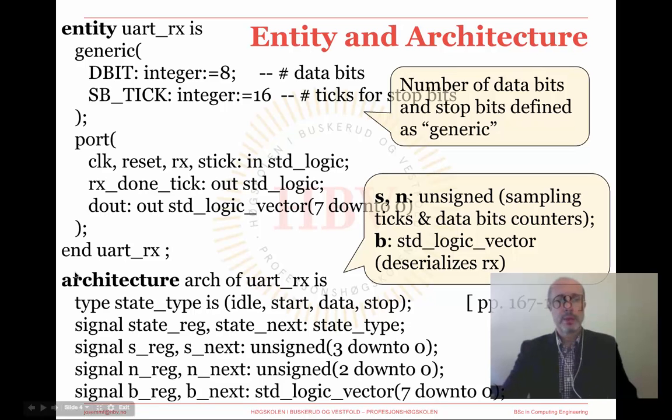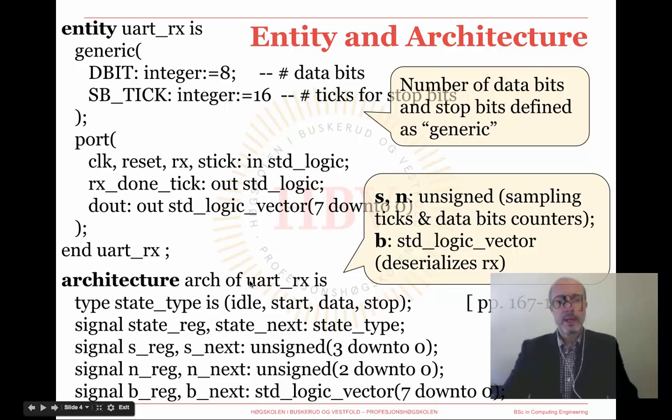There is not much to say here, where the entity uses a generic declaration to define the number of data bits and the number of sampling ticks that are needed to read the stop bit.